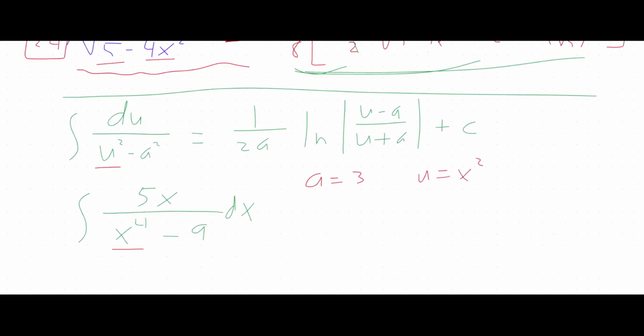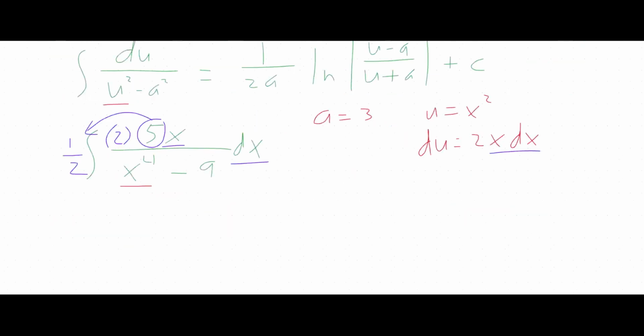But now our du is our 2x dx. Now we have our x dx in there, but not the 2. So let's multiply a 2 in front, and then we would need to divide by that 2 to compensate. Move that 5 out front.